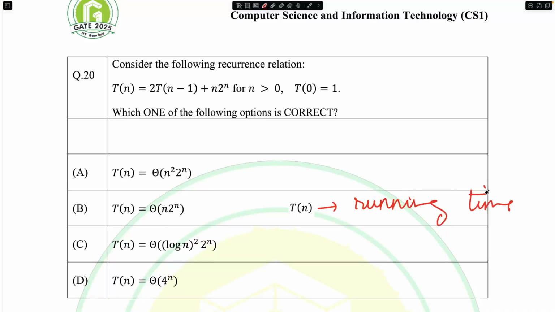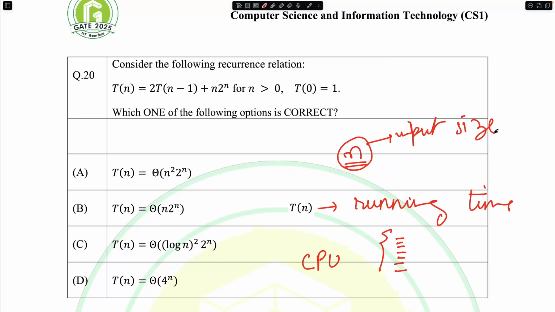Suppose that a particular computer CPU has a definite number of fundamental instructions, and all of those instructions take an equal amount of time. Then for an input of size n, where n represents the input size that is fed into your algorithm, the amount of time it's going to take is proportional to Tn.